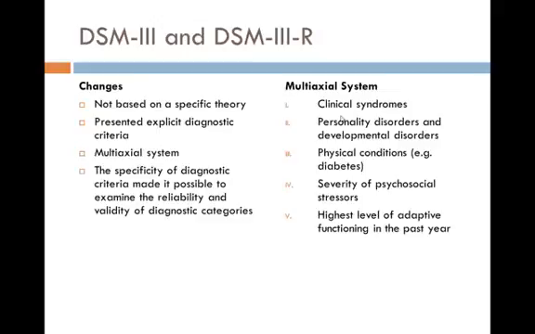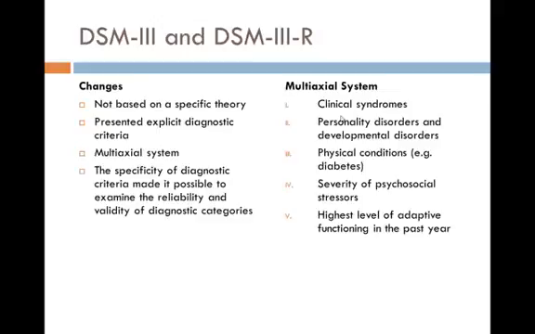So whereas before some of the criteria were not as explicit, which left a lot of subjectivity, with the DSM-3R there were far more explicit diagnostic criteria by which clinicians can understand and conceptualize a person's behavior or deficits or limitations.